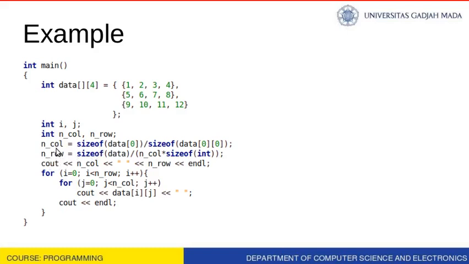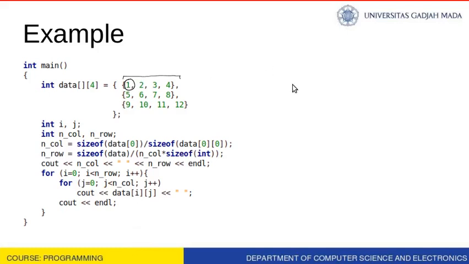So how to get the size of the column is that you take the size of data[0]. It means the size of one row. So the size of one row is 4 elements of integer, right? And then you divide by the size of a single element, this one.